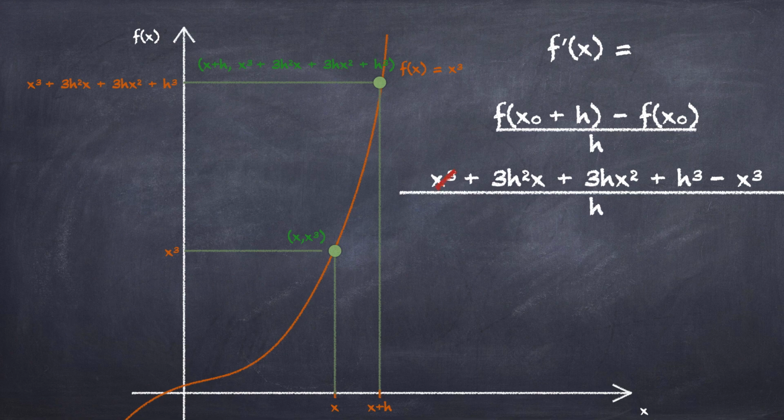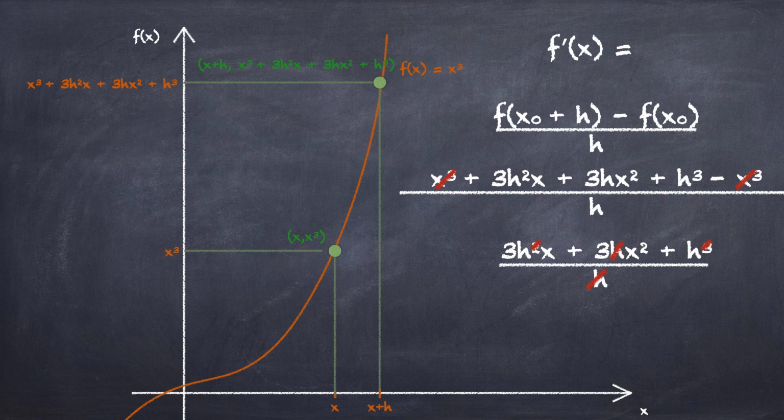Let's simplify. Let's cancel the x cubed. Let's condense it a little bit so it doesn't look too long. Okay, so let's cancel the h's. H cancels with that square, and it also cancels with that cube, and it also cancels with that h.